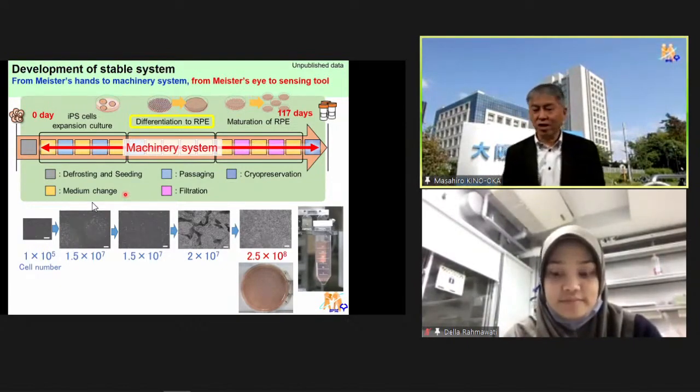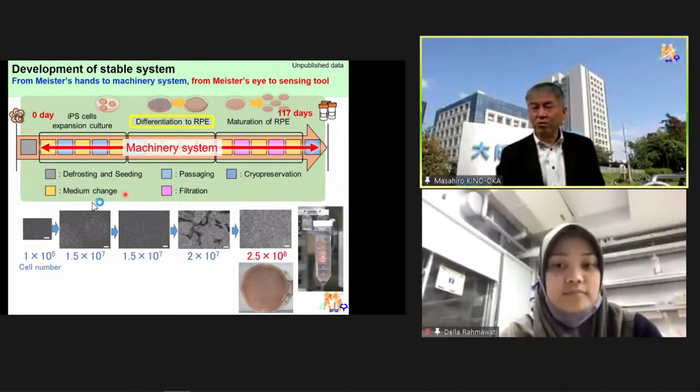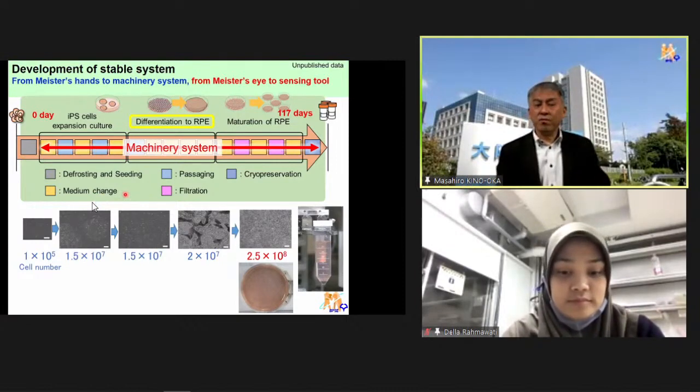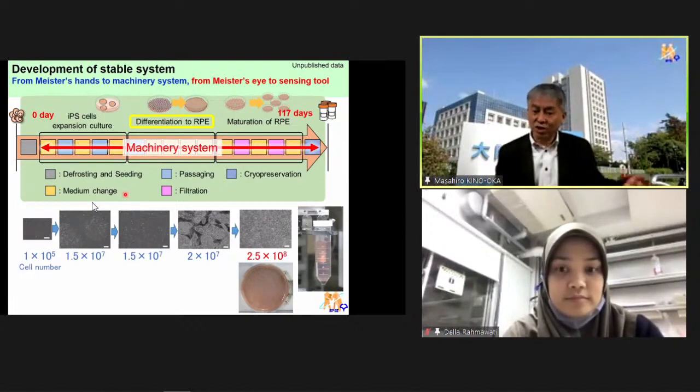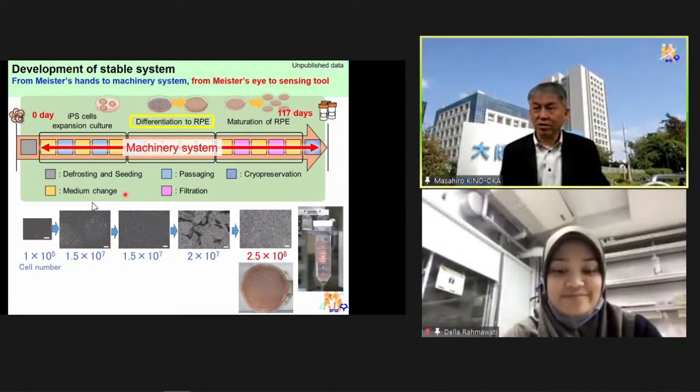Okay, so for the laboratory, every time we have to purchase from the same lot of the materials, and also from the same company. For practical production in a company, for the preparation of the materials, I mean the reagent or media or something like this, that's very important.